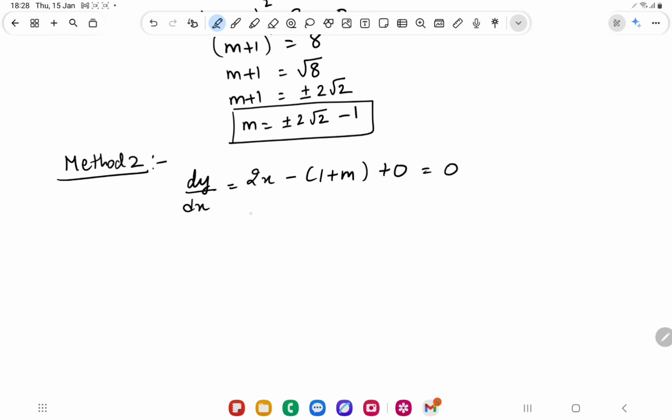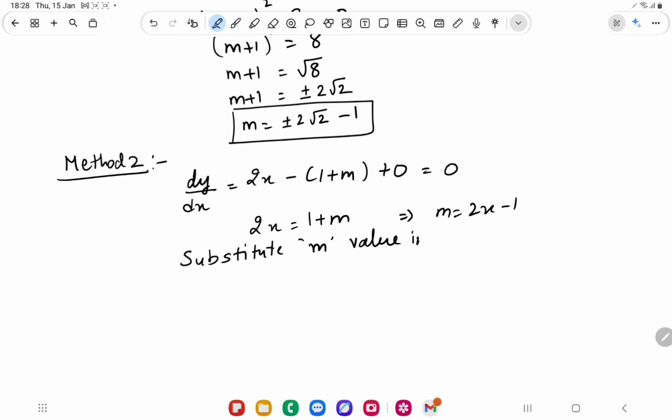Now if I put it equals to 0, my 2x value is coming as 1 plus m. It means m value is 2x minus 1. Now I have to substitute this m value in A part to find x.